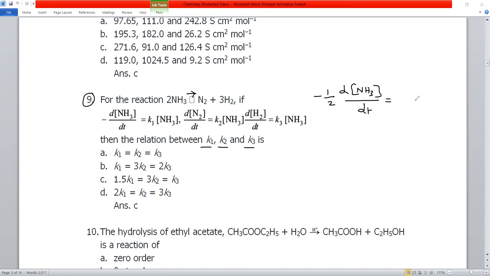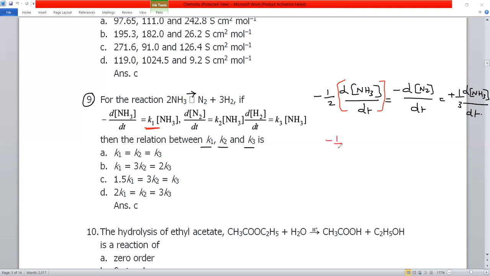So the rate of reaction I'm writing as minus 1 by 2 d[NH3]/dt, which equals plus 1 by 3 of the formation of H2 by dt. They have given this already, and this is K1 times [NH3].